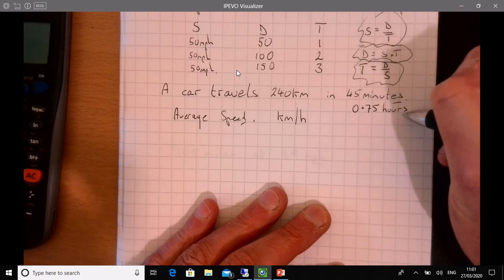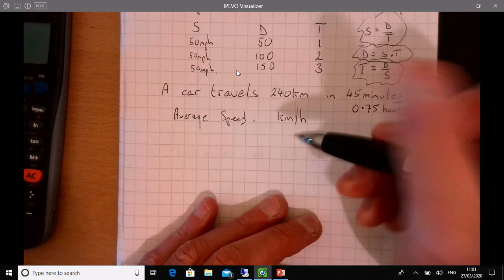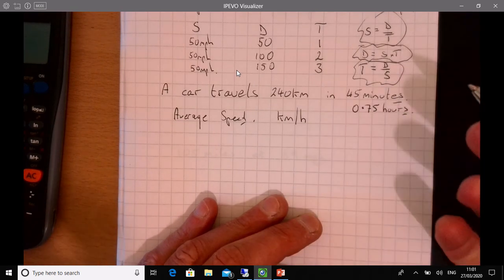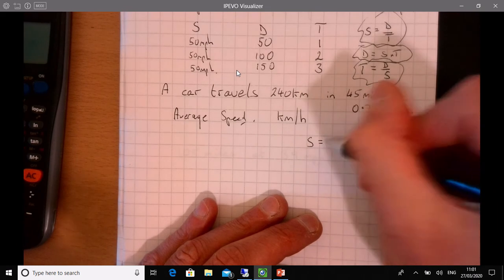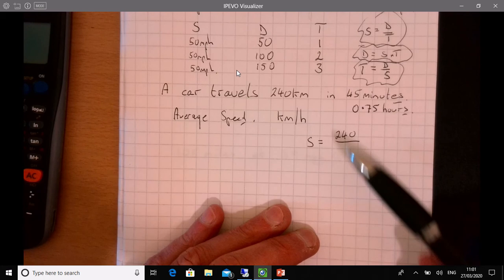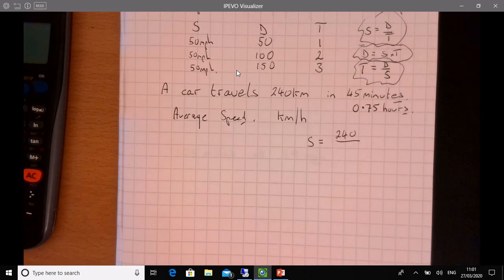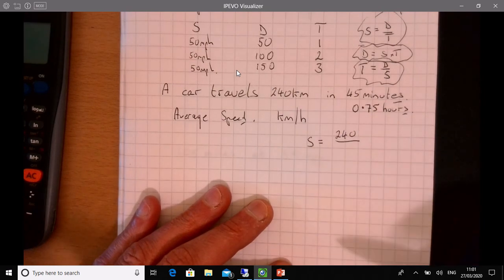So the calculation that we've got to do is that, remember, speed equals distance over time. So our speed equals, so distance, that's not a problem, that's not changing at all. Sometimes look out for the units, you might be asked for a calculation in meters per second possibly, or miles or something, so you might well have to change these units.